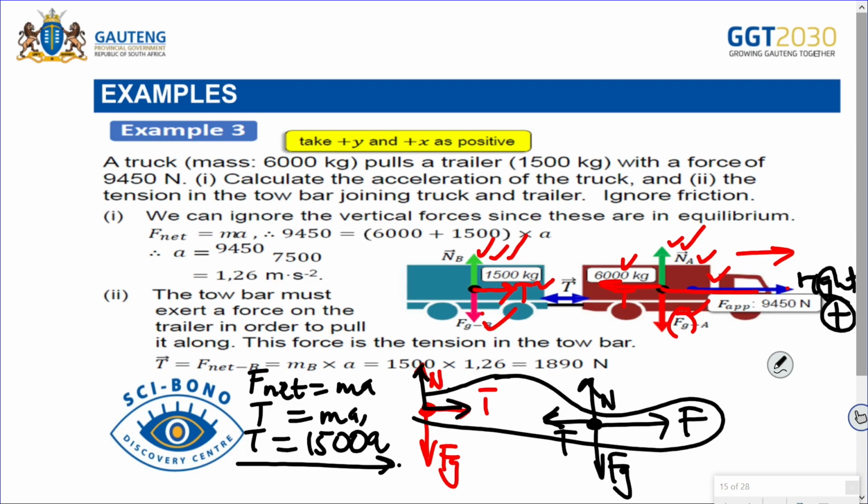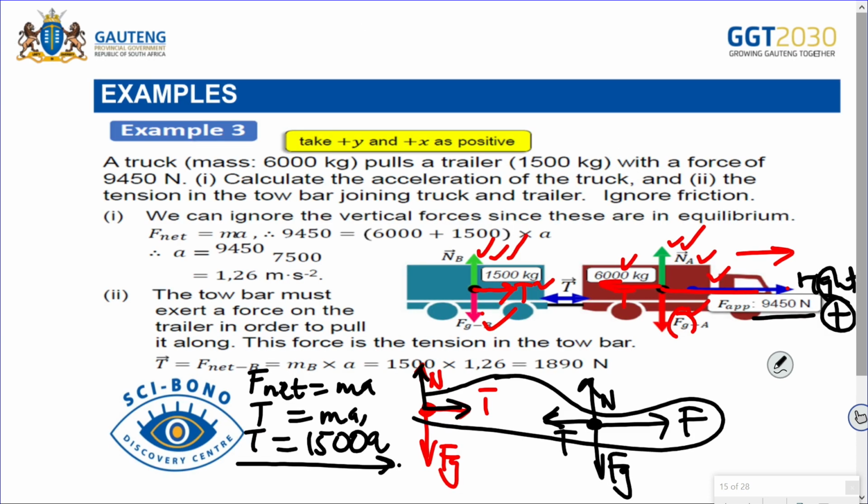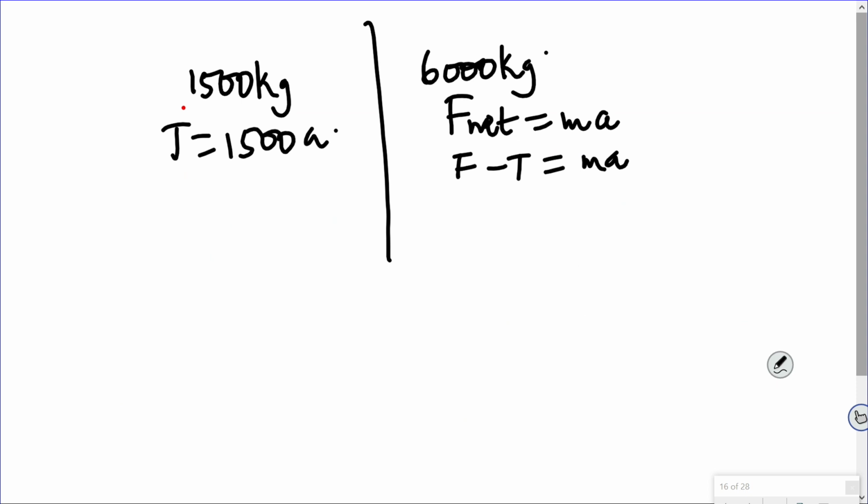Let's check the magnitude of F. This is the magnitude of F, which is 9,450. So it's 9,450 minus T equals the mass, 6,000, times A, so 6,000 A.